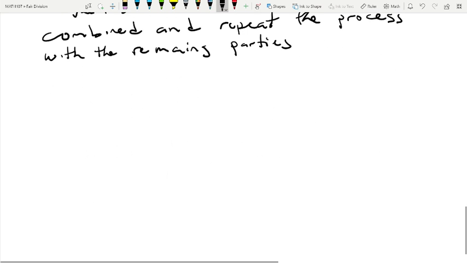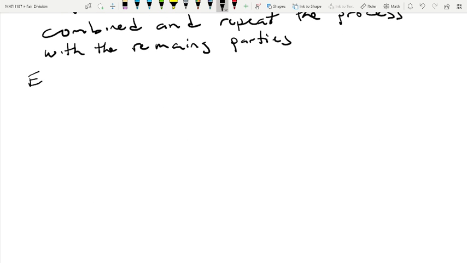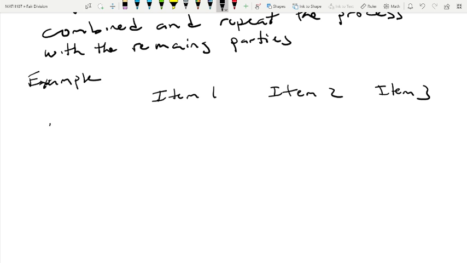For my example, we have 3 items. We're going to call them item number 1, item number 2, and item number 3. Our 3 people are Mo, Larry, and Curly. Each one goes through and values what they think the fair share is.